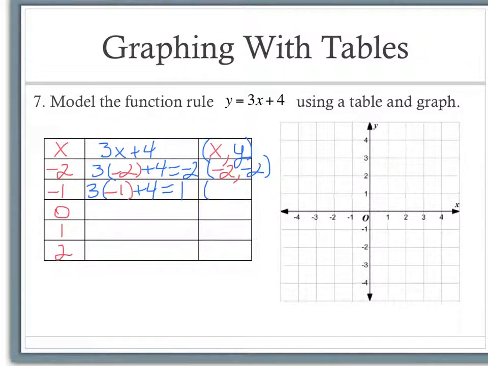So my ordered pair is negative 1, comma, 1. Then we'll take 3 times 0 plus 4, and we get 4. So here, ordered pair 0, comma, 4.